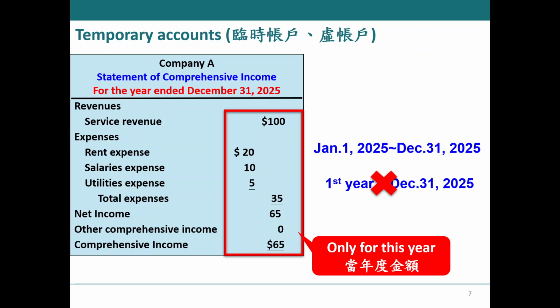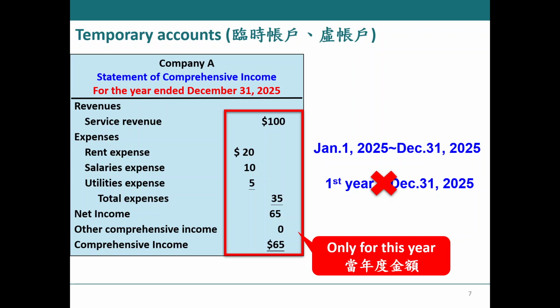Which one? Statement of comprehensive income. We do closing the book, make the accounts ready for next year.